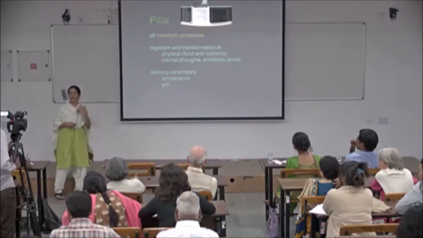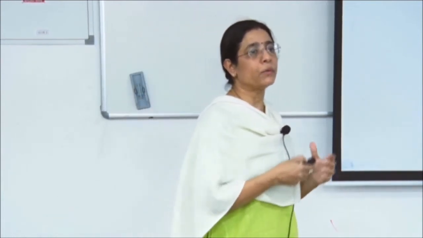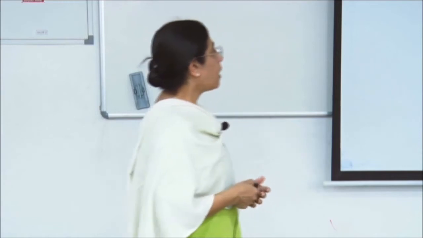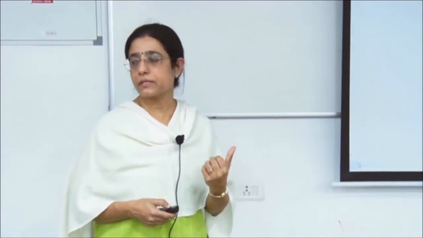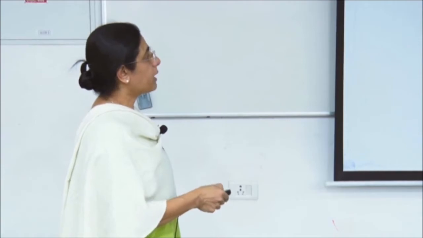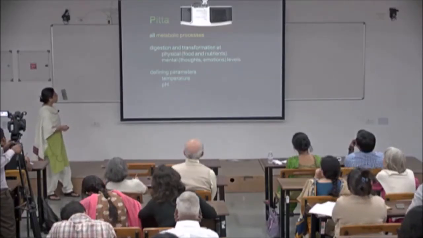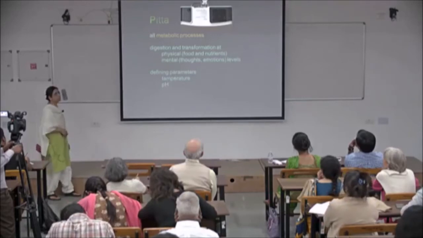Because each one has their own bias and prejudice, their brain is conditioned depending upon their background and so many other factors. So how a particular information is taken in, how it is processed in the brain, and how it comes out as a reaction is what's meant by digestion and transformation. So thoughts and emotions come under Pitta, and these are a couple of defining parameters which come under Pitta.